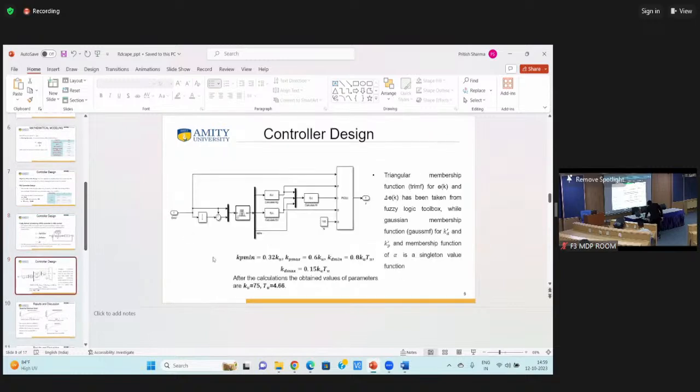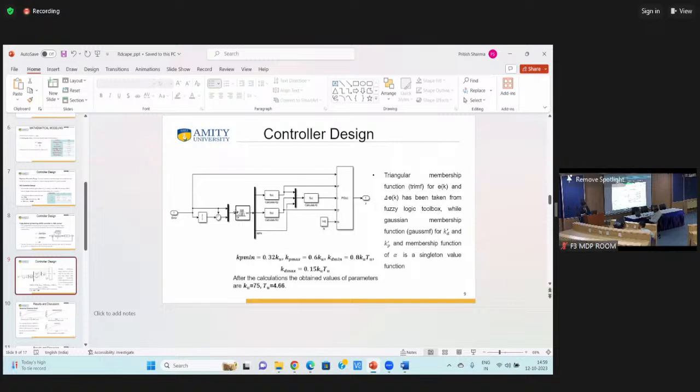In the controller design with the fuzzy logic based PD controller, I am controlling the outputs of the fuzzy controller with respect to KP, KD, and alpha. I am taking the relative slip ratio as input, which is basically the error value, so in the feedback I get the error.